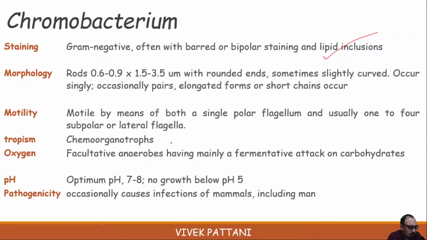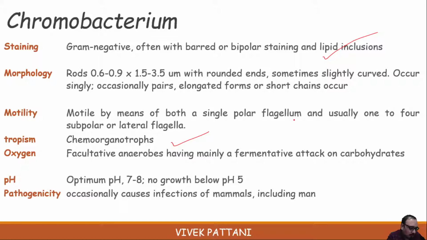In tropism, they are chemoorganotrophs, and for oxygen requirement, they are facultative anaerobes having a fermentative attack on carbohydrates. They have a pH optimum of around 7 to 8, but they are not able to grow at a pH below 5.